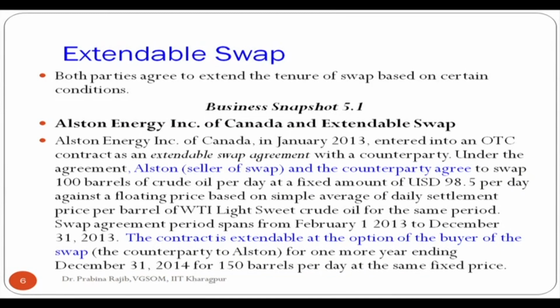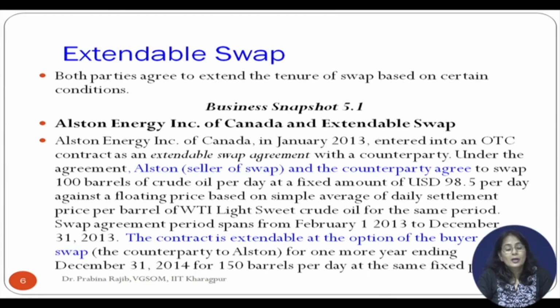So what is the meaning of extendable swap? Alstom Energy Incorporation of Canada in January 2013 entered into an OTC extendable swap contract with a counterparty, and under this agreement, Alstom is the seller of the swap. Who is the seller of the swap?